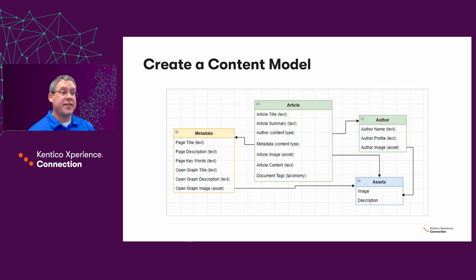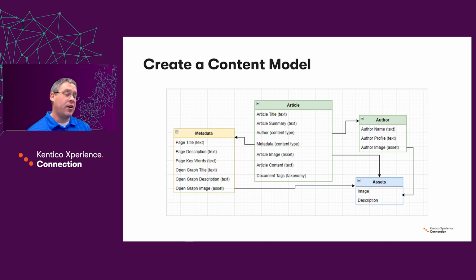relationship to another content type of author, because I'd like to know who wrote the blog post or wrote the article. And every time I write an article, I don't have to rewrite my name over and over and over. I don't have to upload a profile picture. I don't have to change an image asset or change my bio every single time. I want to have one place where I can edit, store, and maintain that author content, and maybe allow for other authors later on to do guest posts on my blog.